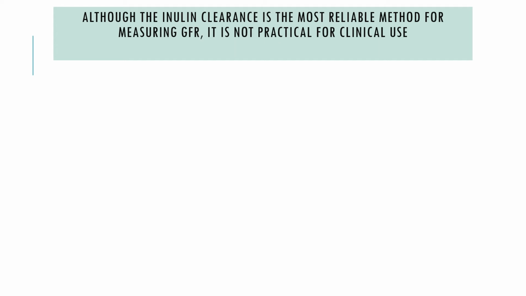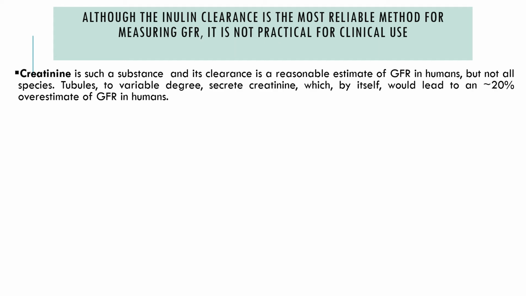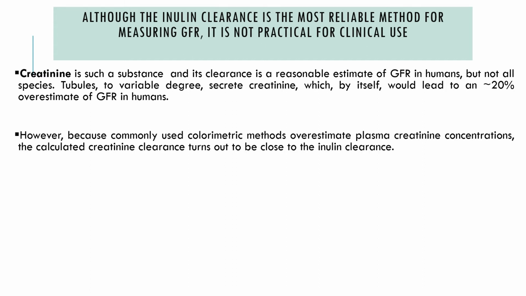This problem can be completely avoided if we use endogenous creatinine, which has inulin-like properties. Creatinine's clearance is a reasonable estimate of GFR in humans, but not in all species. Tubules to variable degrees secrete creatinine, which by itself would lead to a 20% overestimation of GFR in humans.